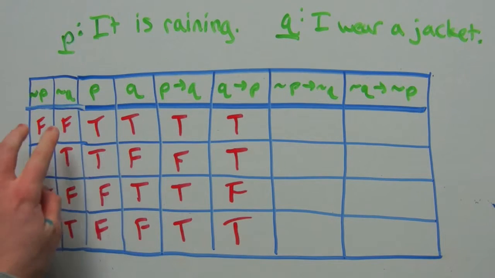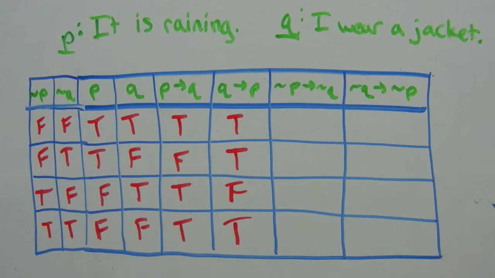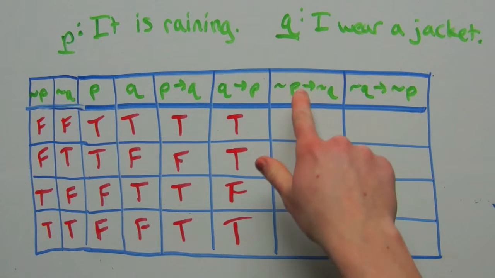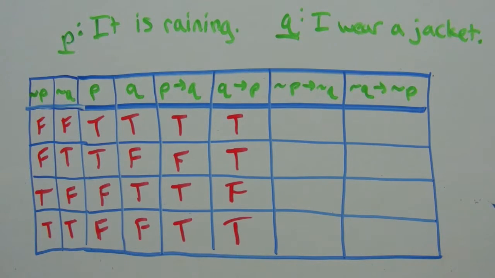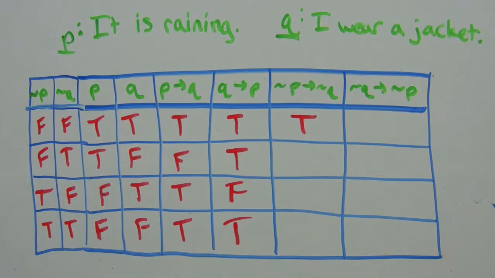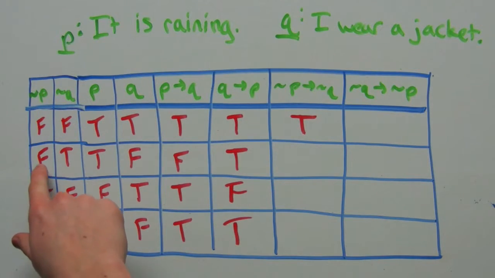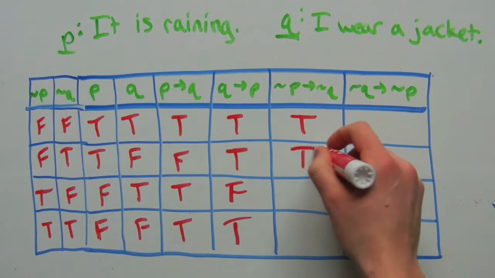So when they're both true, not P and not Q are false, and then the others are flip-flopped. So, not P implying not Q means that false is implying false, which is true. In the next one, we have a false implying a true, which is true.